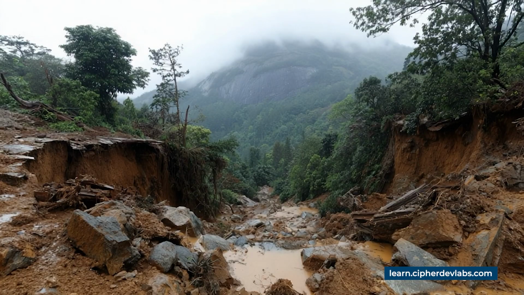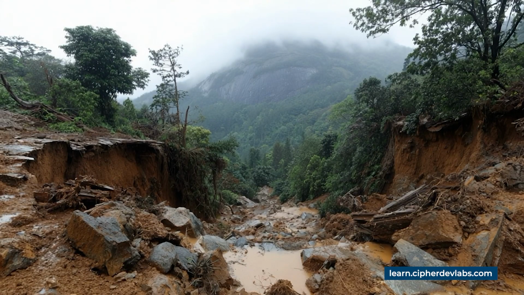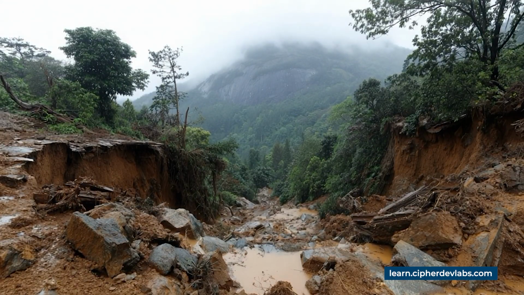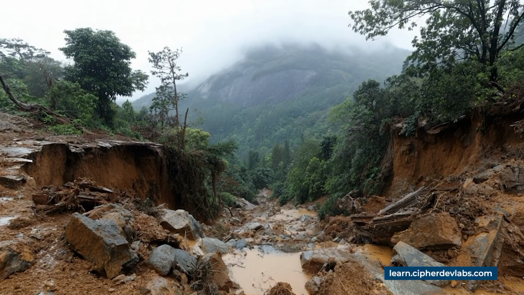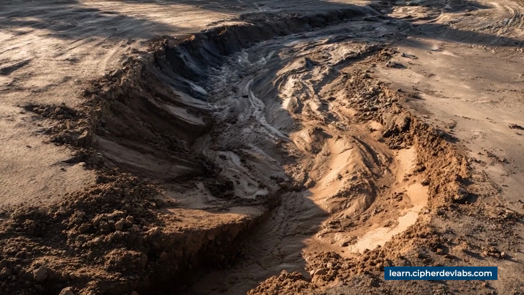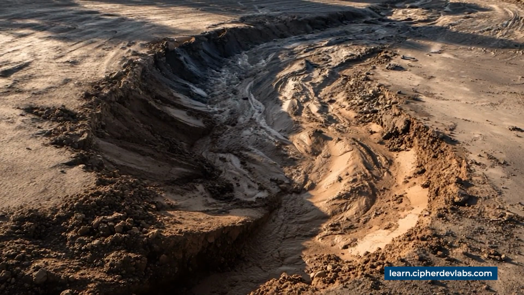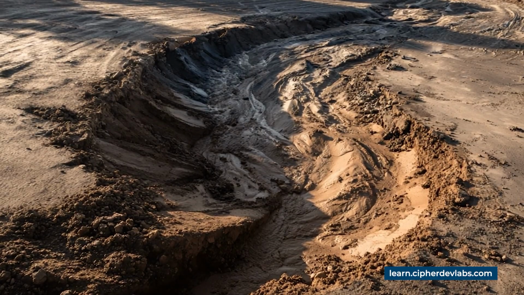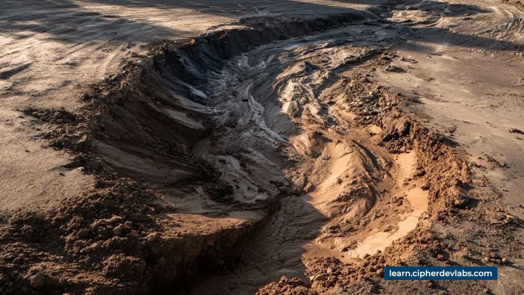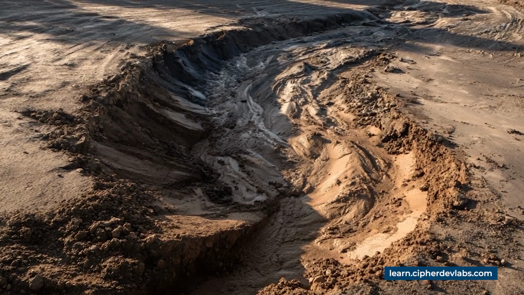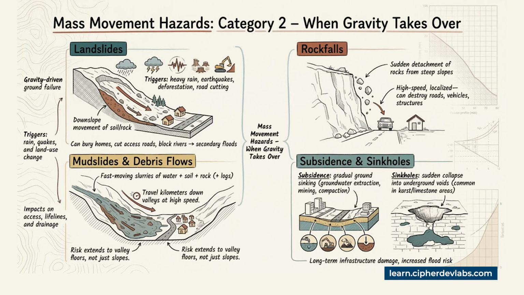These may look less dramatic than a massive landslide, but a single boulder can destroy a house, a vehicle, or a section of road. For road authorities and transport planners, rockfall risk is a daily operational issue, especially in mountain corridors where a short blockage can disrupt national supply chains.